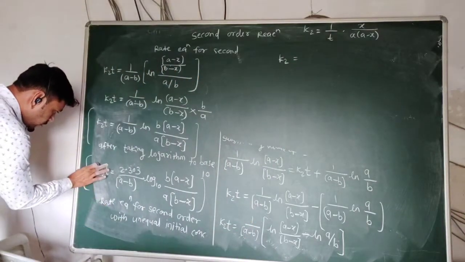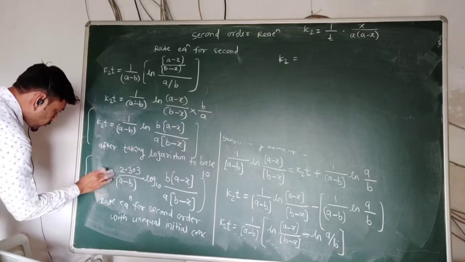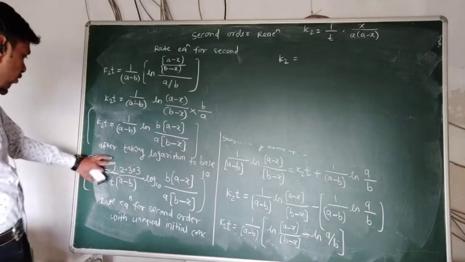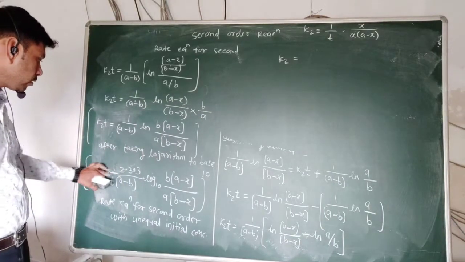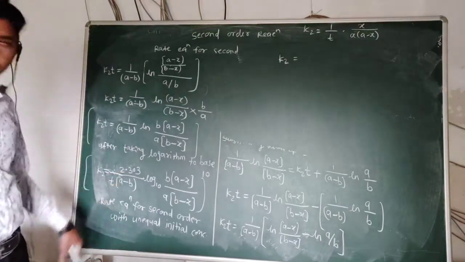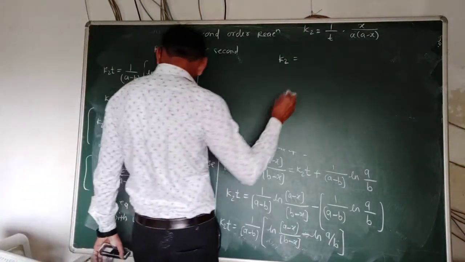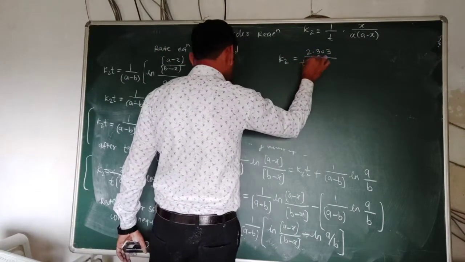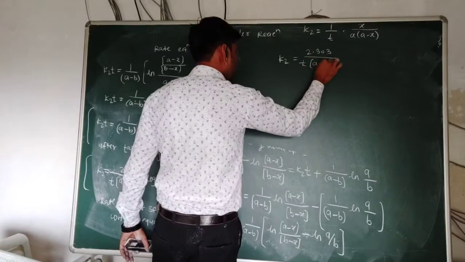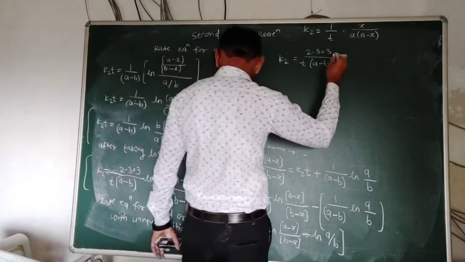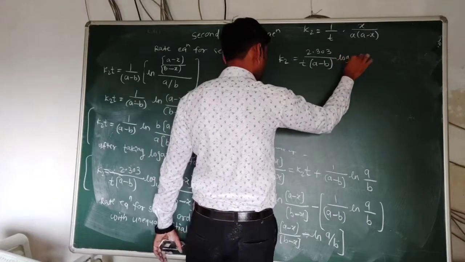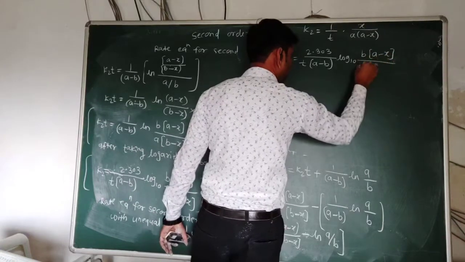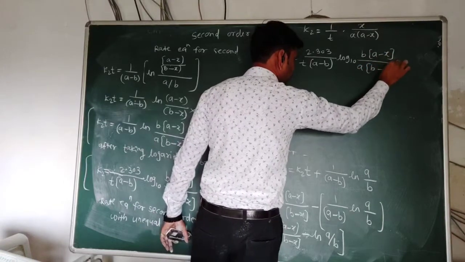here we have to arrange this t to the right. So k2 equal to 1 upon t, or 2.303 upon t. So by rearranging this equation we obtain the value of K2: K2 equal to 2.303 upon t into (a minus b) into log to the base 10 of b into (a minus x) upon a into (b minus x).